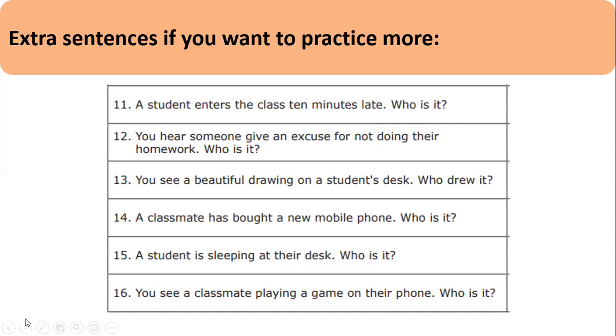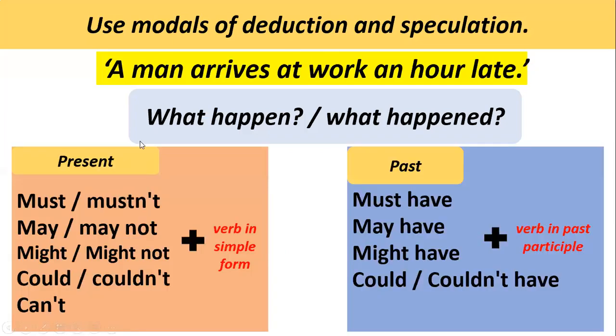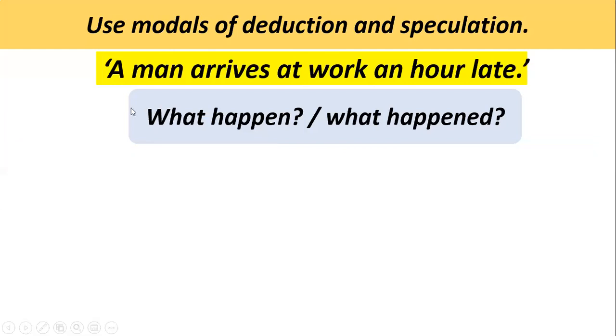Today we're again working with the modals of deduction and speculation. I have this sentence in yellow. It says a man arrives at work an hour late. What happened?